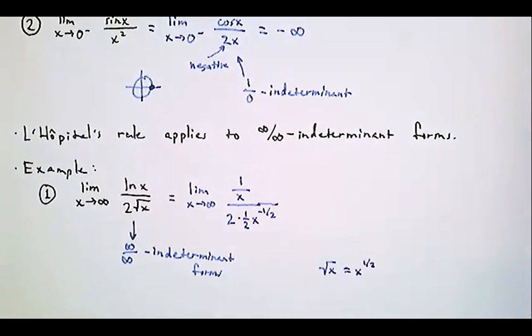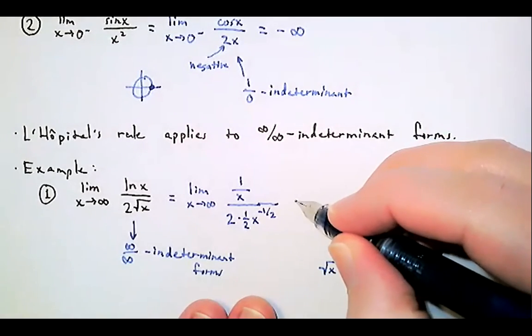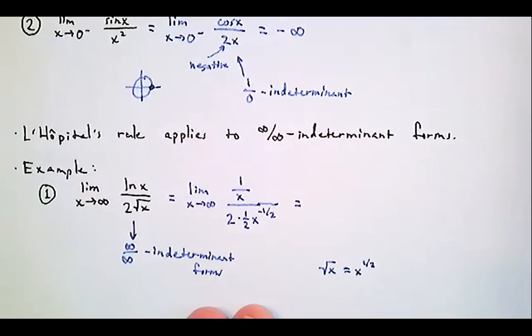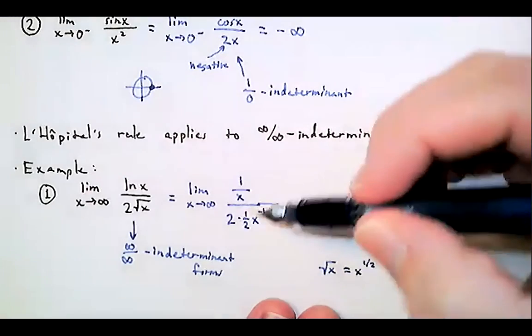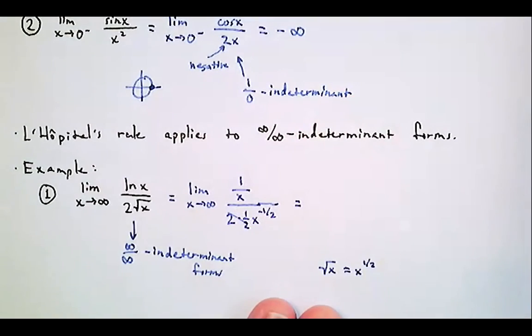This is a little messy. We'll have to fix it up a little bit. Well, first of all, the 2 and the 1/2 will cancel. We can ignore those.